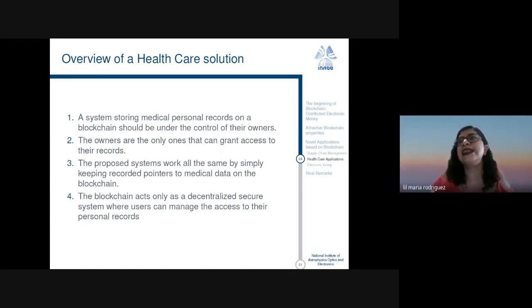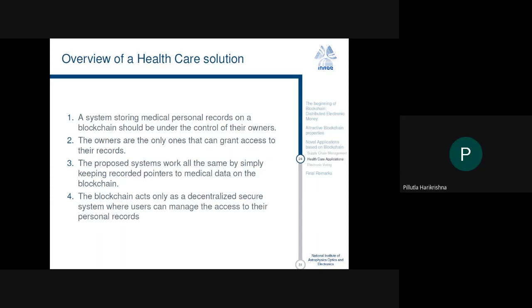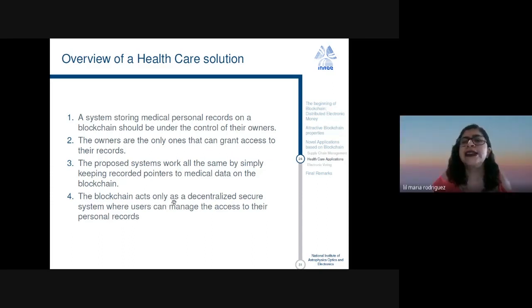So the idea is that the cloud will keep all this big information, and in the blockchain, I just will record the pointers to this medical information. So the blockchain acts only as a decentralized secure system where users can manage the access to their personal records.